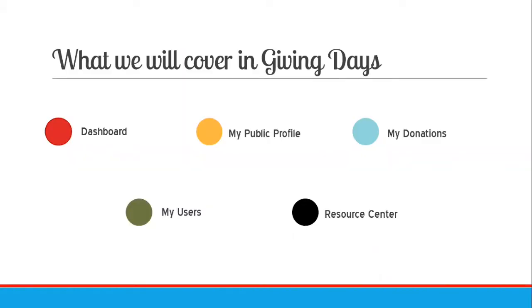So what we will cover in the Giving Days side, you'll see your dashboard, your Fremont Area Big Give public profile. You'll see a full list of your historical donations. And this is also where you will manage your users, and you will see a resource center. That resource center will have a lot of information in terms of system support, fundraising strategies, and so forth. We will cover that in more detail.